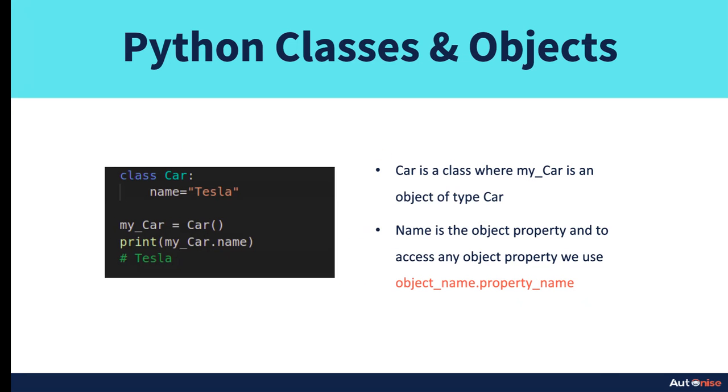Classes in Python can be created with the keyword class, and then we can give them a name, whatever name we want that class to have. This is the way we define a class. This is the place where we will write all the details about this class.